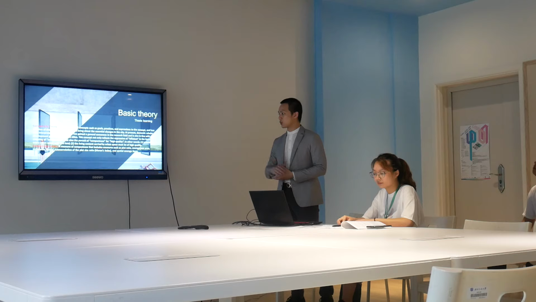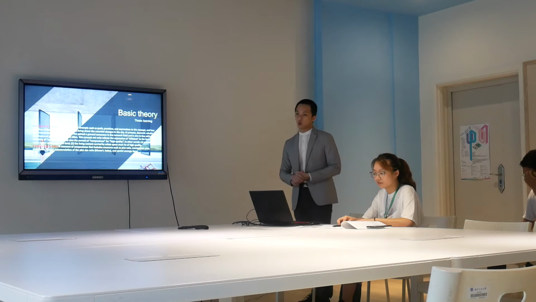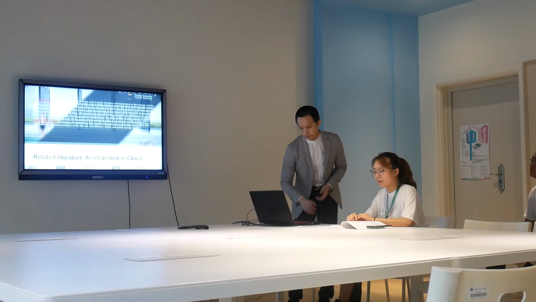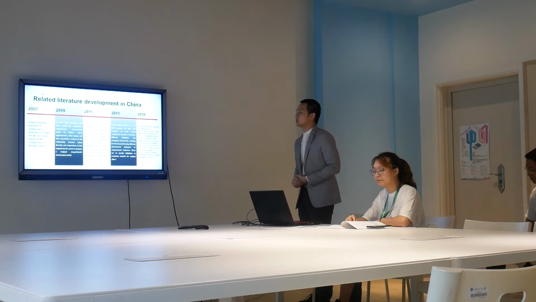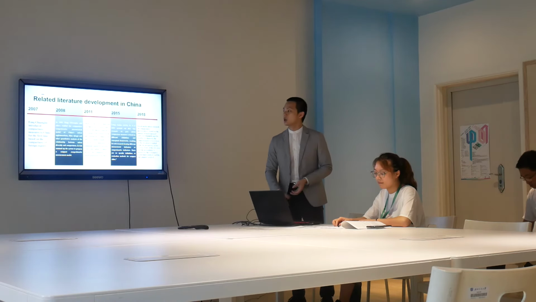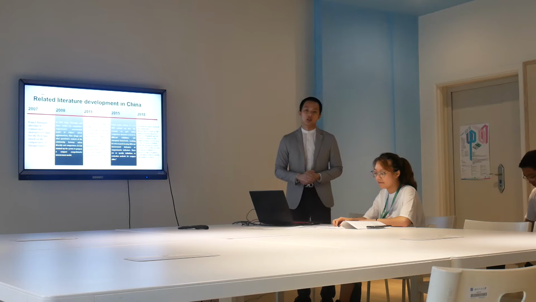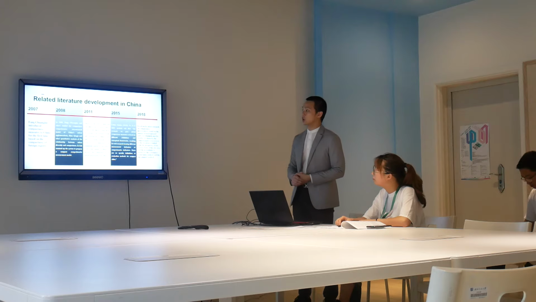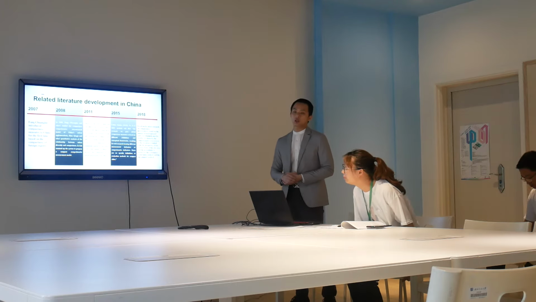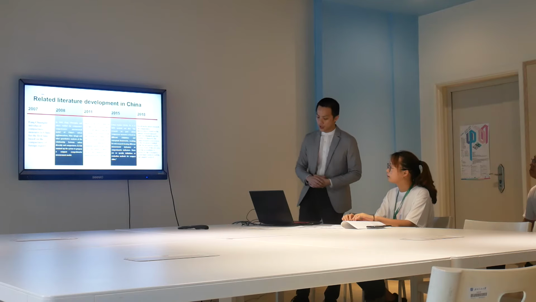Our calculations use a compactness matrix, which is a way to calculate the compactness in a research area. This is the related literature development in China over the past 10 years. In 2007, the concept of compact city was named for the first time in China, and for the past 10 years, many specialists have been trying to use their own ways to calculate the compactness.